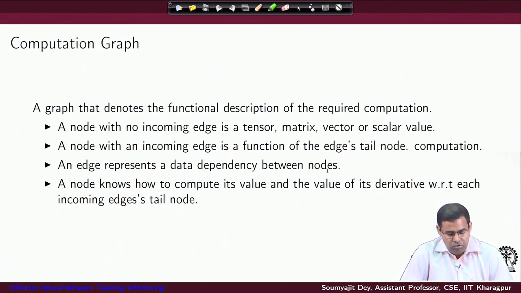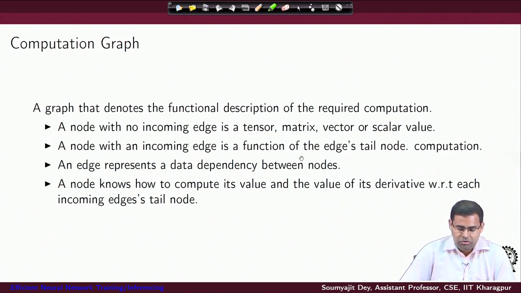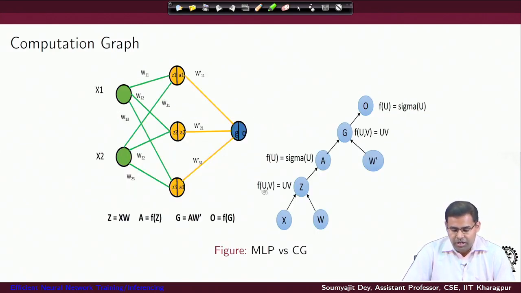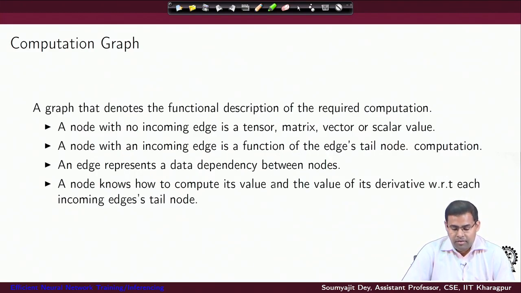A node knows how to compute its value and the value of its derivative with respect to each incoming edge's tail node. Now, that is important. So, every node knows how to compute its value, and that is known by the associated function. Like here this node knows that it has to apply this multiplication function, right.